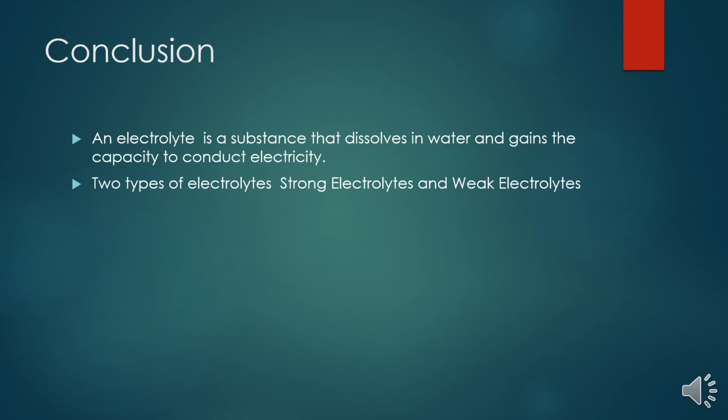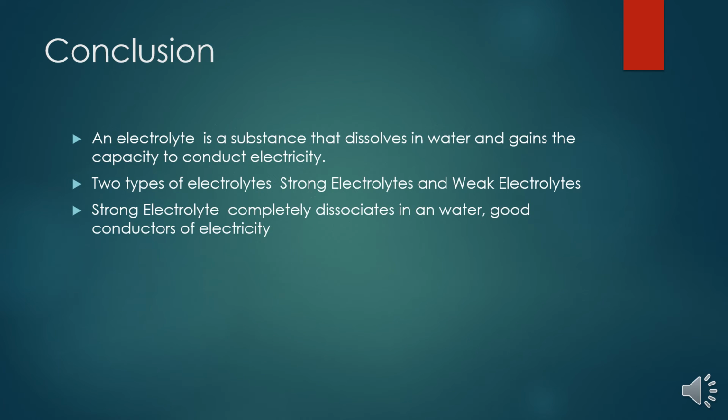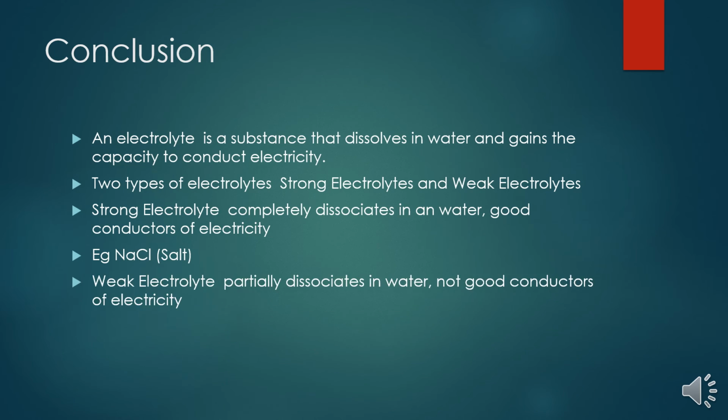We also looked at the two types of electrolytes, strong electrolytes and weak electrolytes. We said that strong electrolytes completely or fully dissociate, they completely break down in a water solution, and therefore they are good conductors of electricity. And we also looked at, for example, sodium chloride, and we also looked at weak electrolytes.